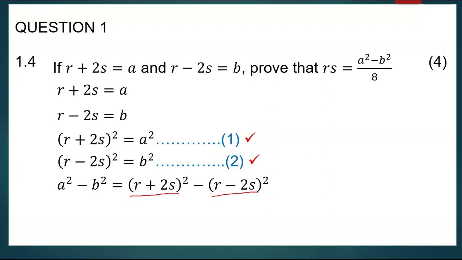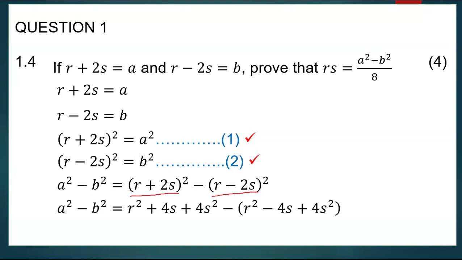So I ended up with R squared plus 2RS, that is 4RS plus 4S squared. And I got the same answer, R squared minus 4RS plus 4S squared.